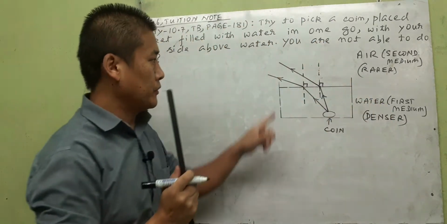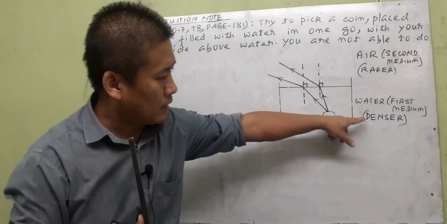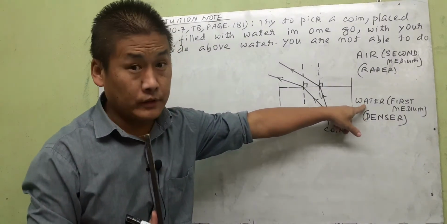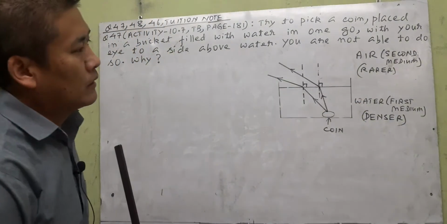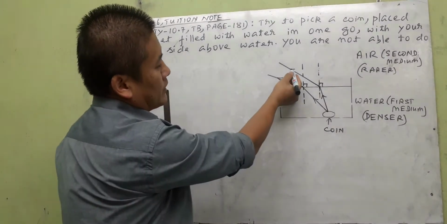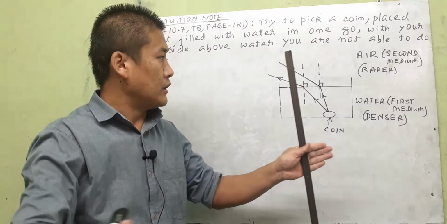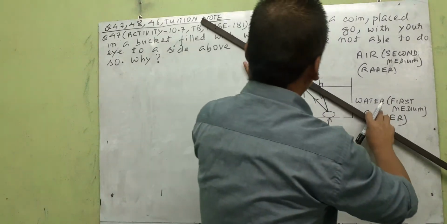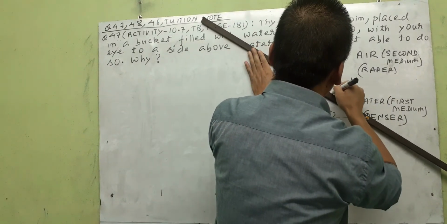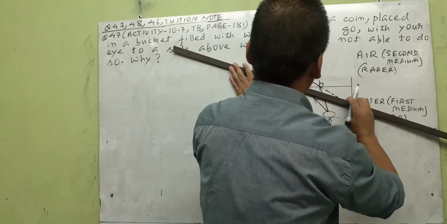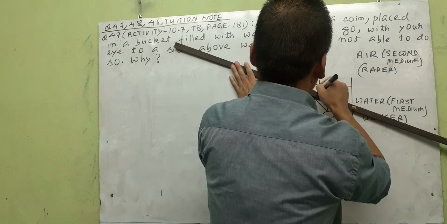So these are the two refracted rays that come from the denser medium water into the rarer medium air. Because these two rays have bent away from normal, they are going away from each other. So we have to produce them backwards for them to meet, right? As you produce them backward in the same straight line, they will meet.